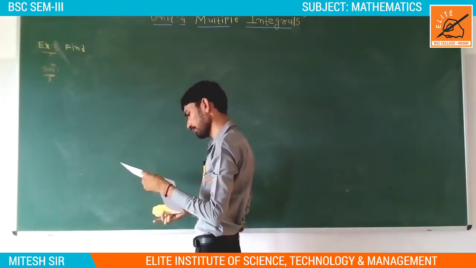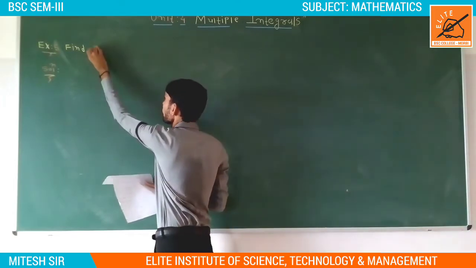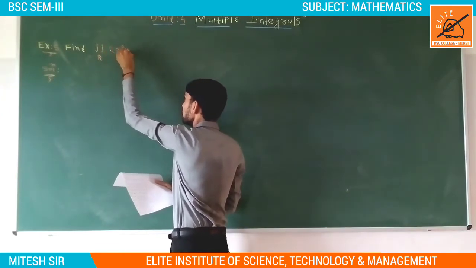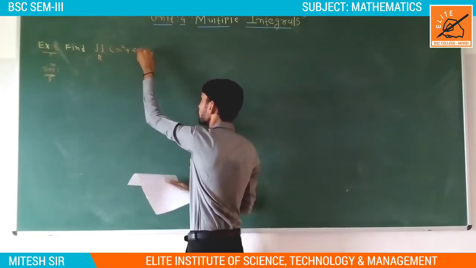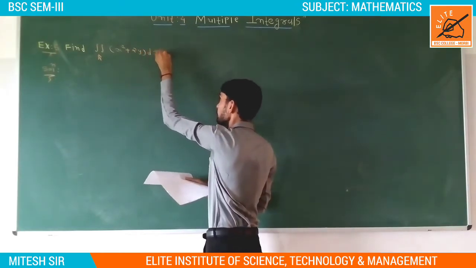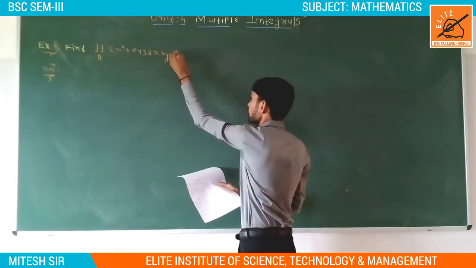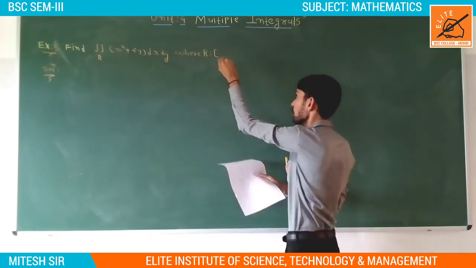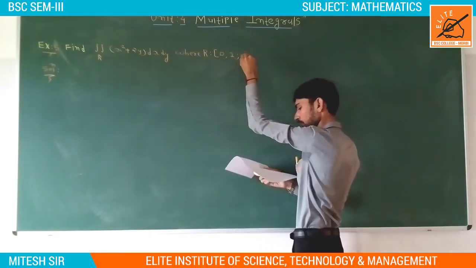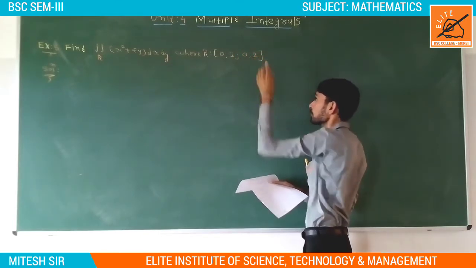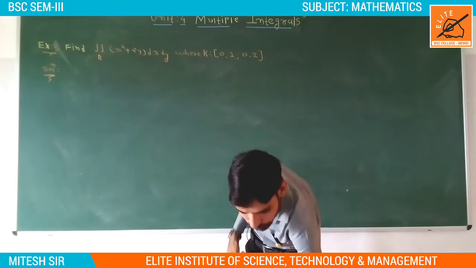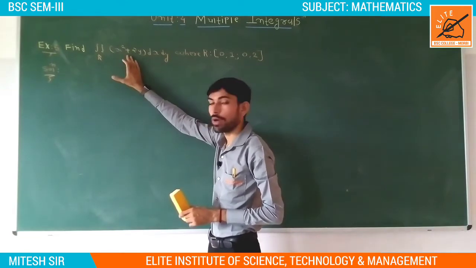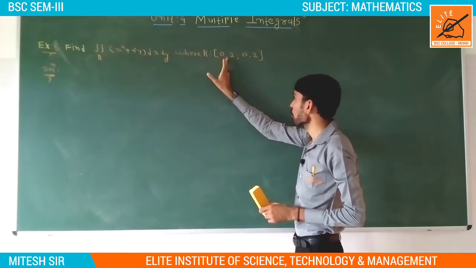Our next example is the double integration over region R of x square plus 2y dx dy, where the region is bounded by... So in example number 5, we have a given function x square plus 2y and our region is bounded by limits 0 to 1 and 0 to 2.